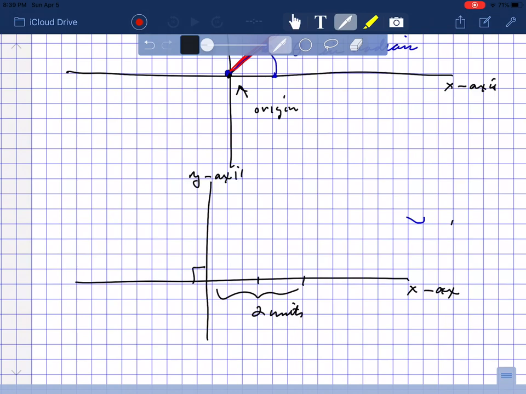This is my x-axis. I'm going to call this my y-axis. So I have a Cartesian coordinate system.